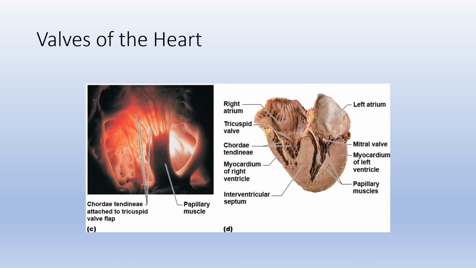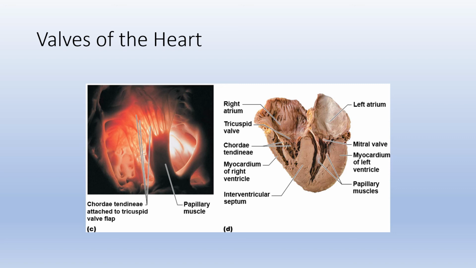Some more images of these valves. On the left, we are looking into the right ventricle. And I know that's the right ventricle because it tells you that we see a tricuspid valve flap. The tricuspid valve is also known as the right AV valve, separating the right atrium from the right ventricle.